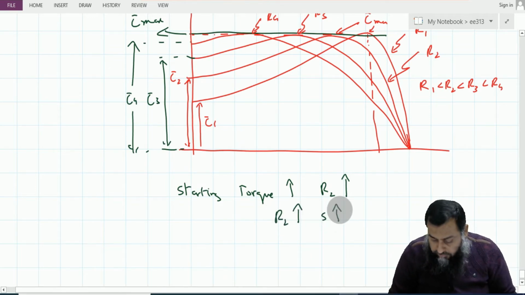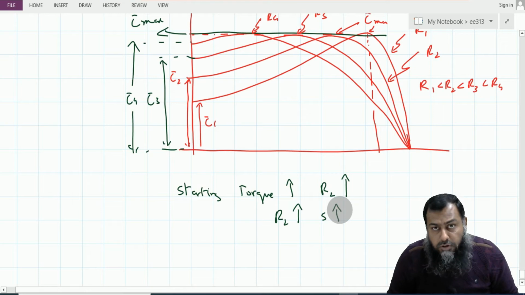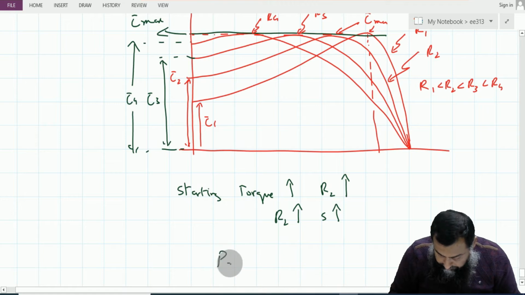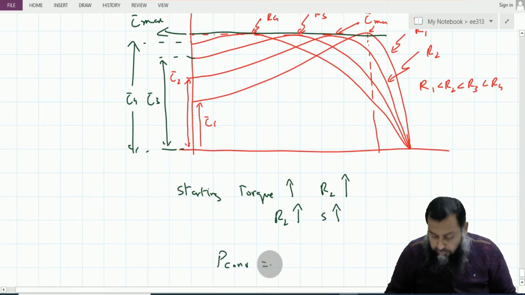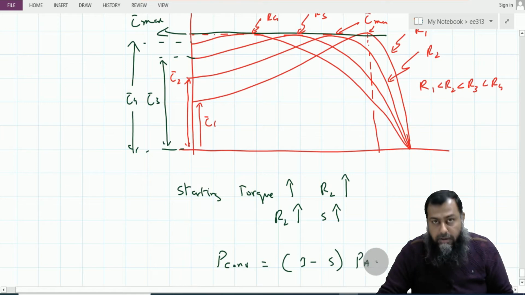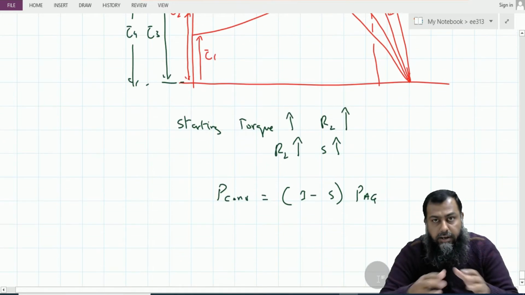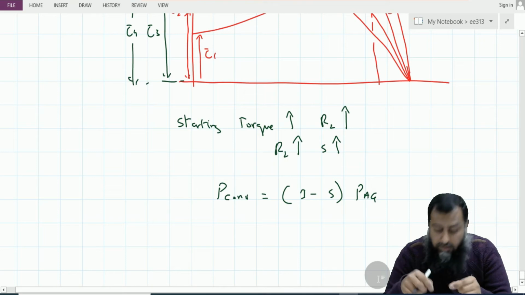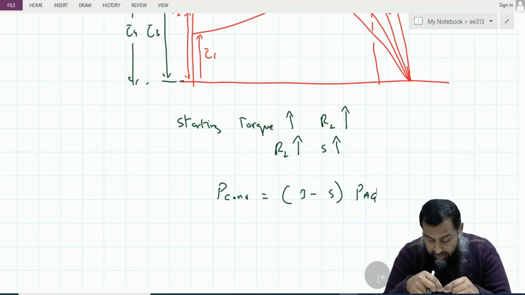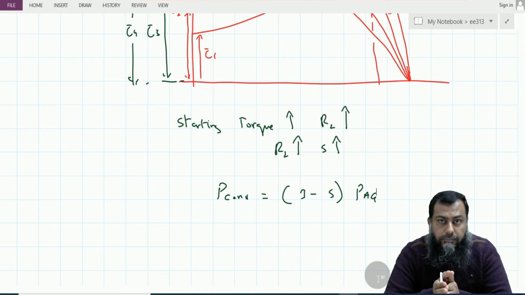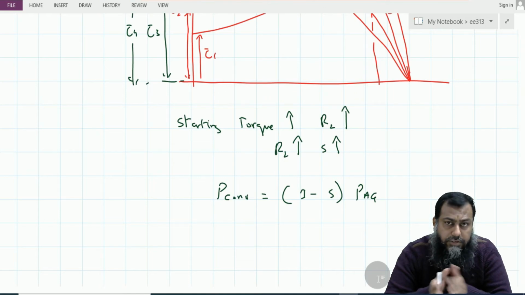Now, what is the impact of these arrangements on the efficiency of an induction motor? Notice that the converted power, which is converted into mechanical form, is equal to 1 minus S times the air gap power that we derived in an earlier lecture. This shows that the more the value of S, the less is the power converted into mechanical form, and the lower is the efficiency of the motor.